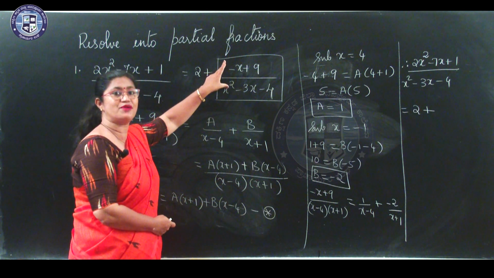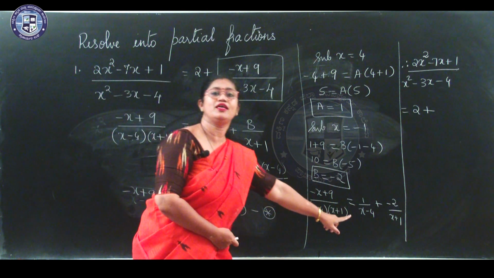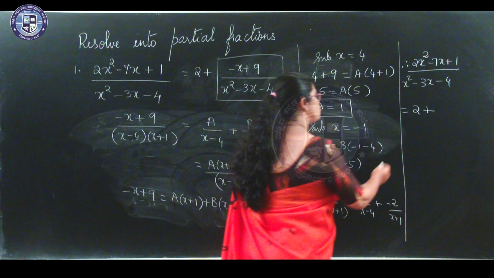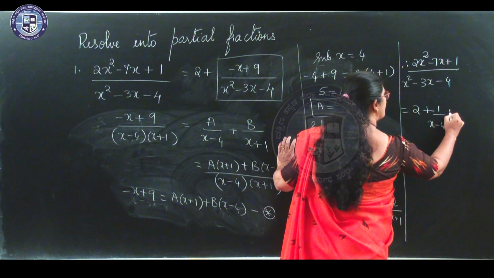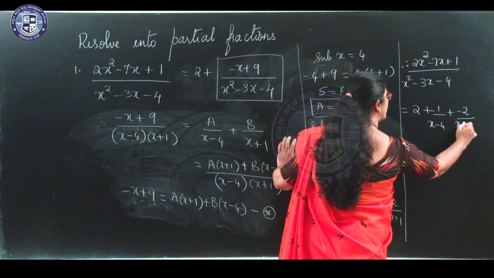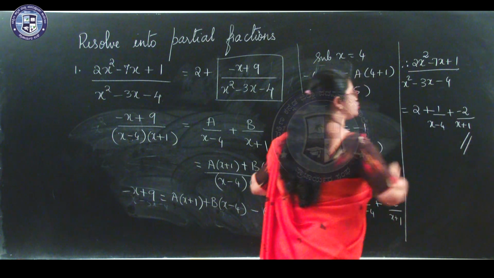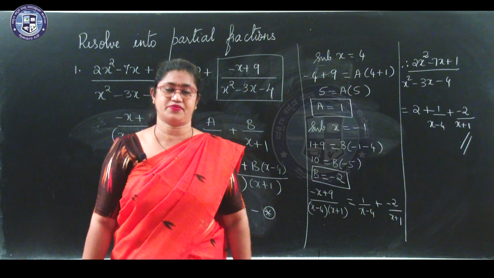Now, this fraction, we know that it is already resolved. So you can write it as 1 by x minus 4 plus minus 2 by x plus 1. So this should be the final answer.